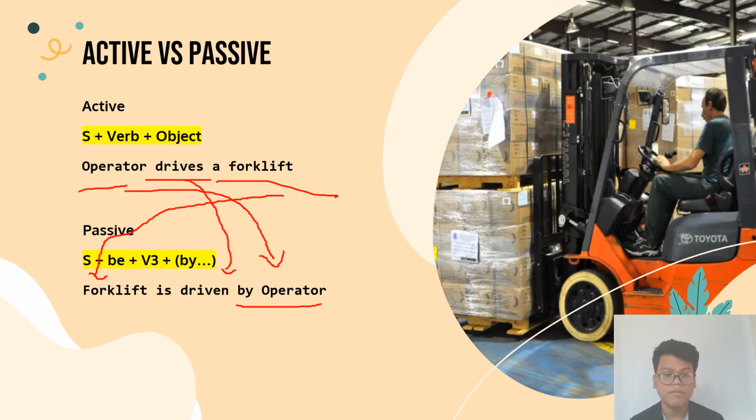Now, because the forklift is only one, we use is. But if it is plural, we use are, as in the next example. Next.